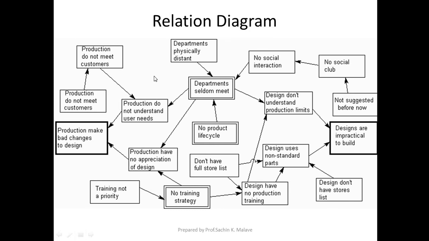Then the second new quality control tool is the relation diagram, or sometimes it is called an interrelation diagram. So what is this interrelation diagram? This interrelation diagram is similar to the earlier cause and effect diagram tool. We have already seen the cause and effect diagram tool.